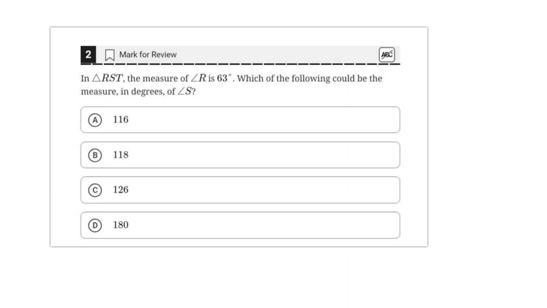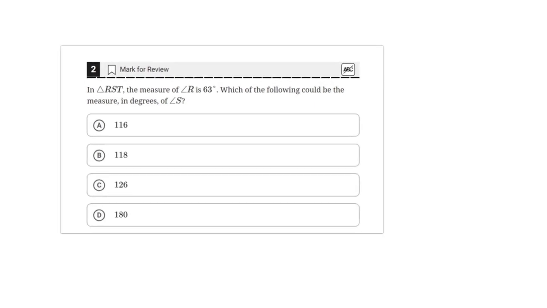All right. In triangle RST, the measure of angle R is 63, which of the following could be the measure in degrees of S? Well, I would definitely draw that situation.